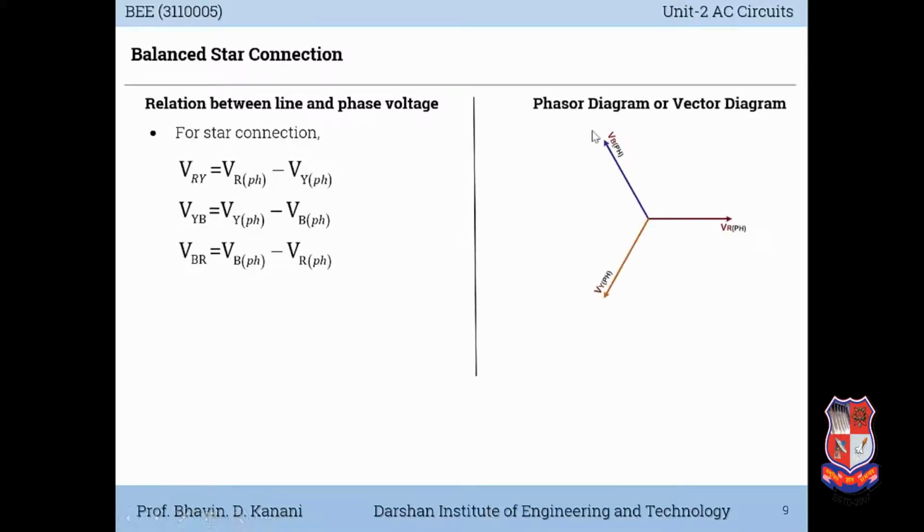From this diagram, this is the basic reference vector diagram where R phase vector is the reference vector. इस reference के through ये Y phase is again minus 120 degree out of phase and B is the minus 240 degree apart from R phase.